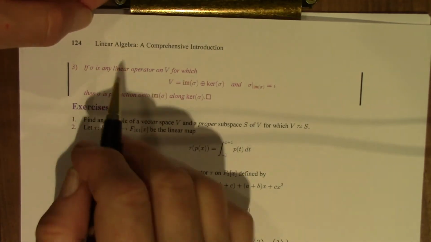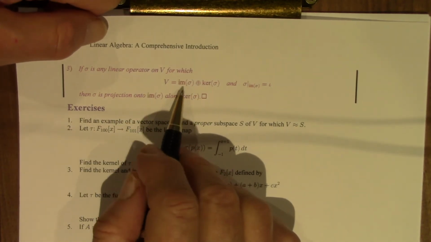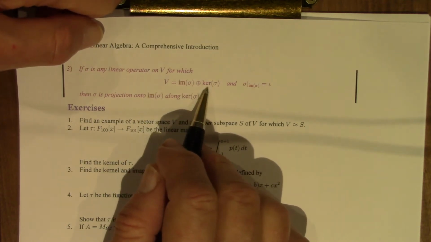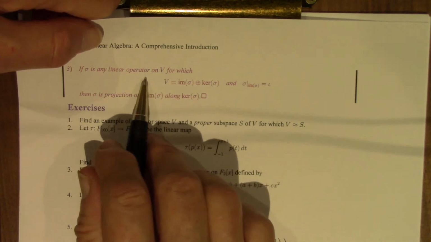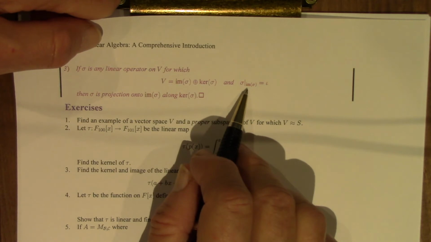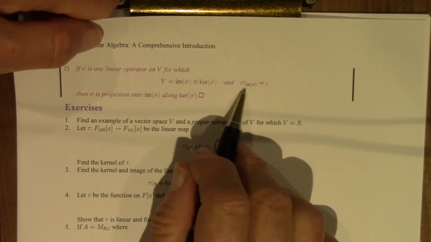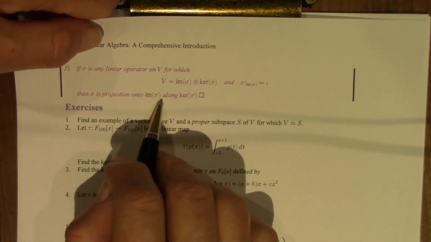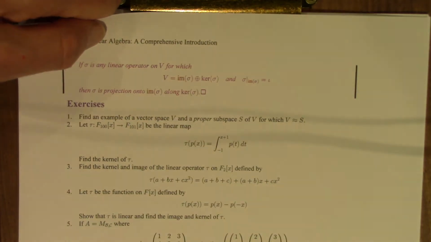Finally, if σ is any linear operator with the property that V can be decomposed into a direct sum of the kernel and image of the operator, and if when we restrict to the image we just get the identity, this is the idempotence part, then σ is in fact projection onto the image along the kernel.